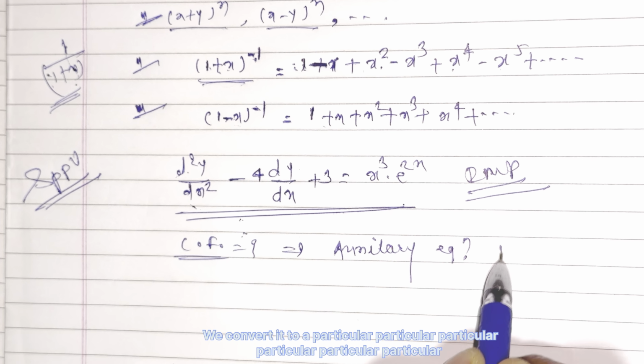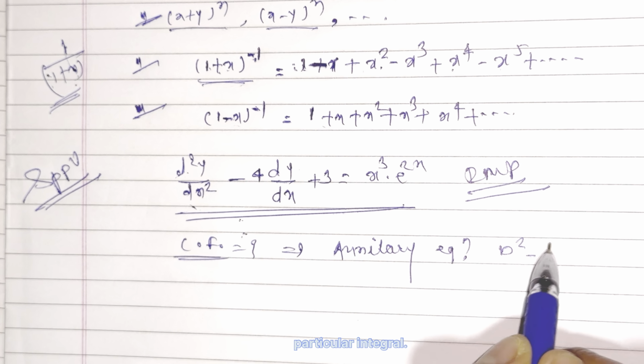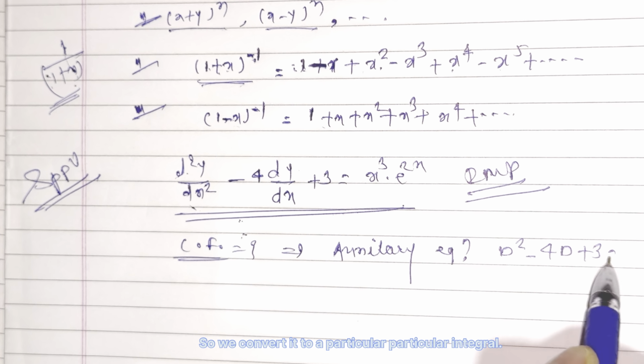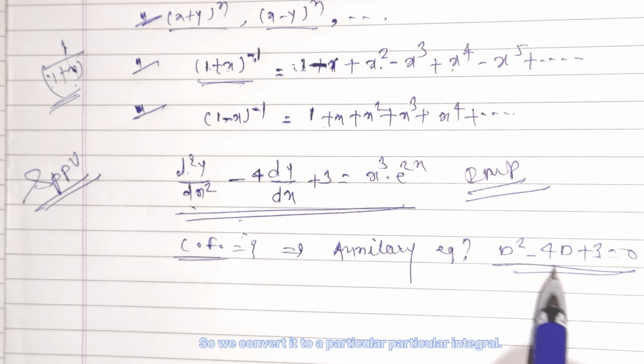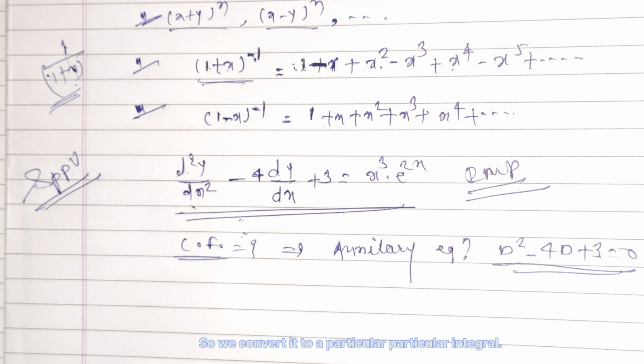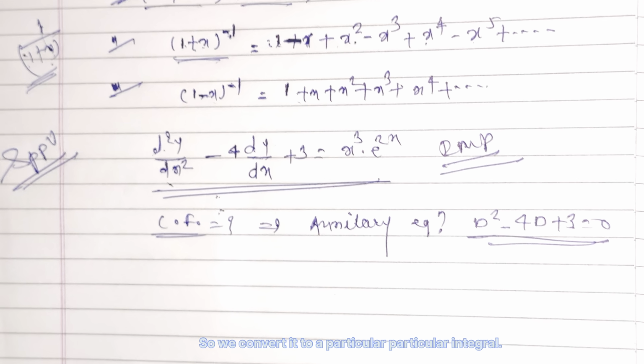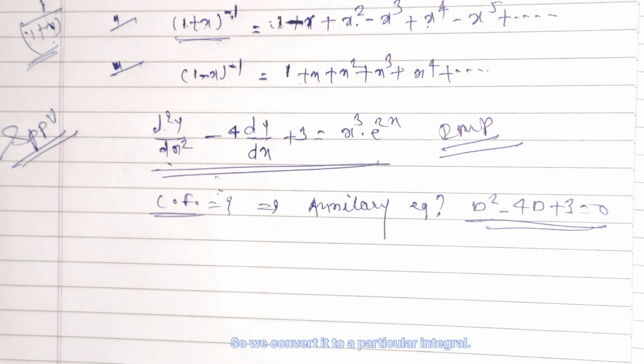D square minus 4d plus 3 equals 0. Find the roots. If the roots are repeated or distinct, then use the formulas like c1 e to the power m1x, c2 e to the power m2x. In such a way you have to apply the formulas. So the complementary function is easier, and I'm leaving it to you, as we are learning only the short trick for the particular integral.